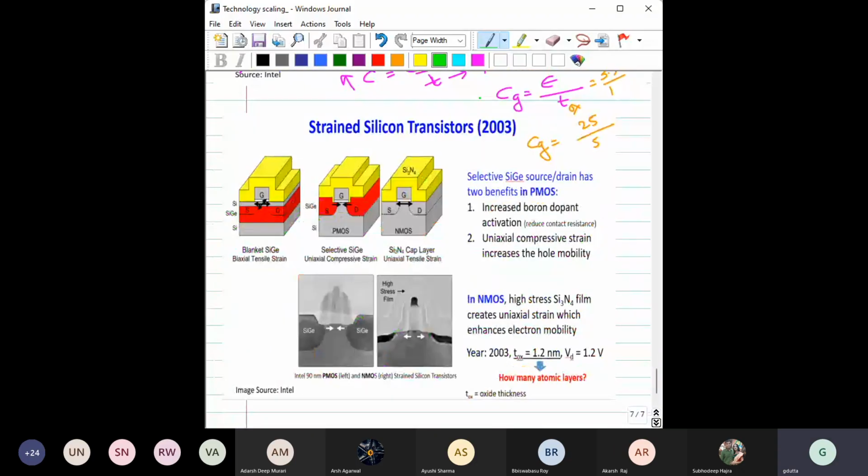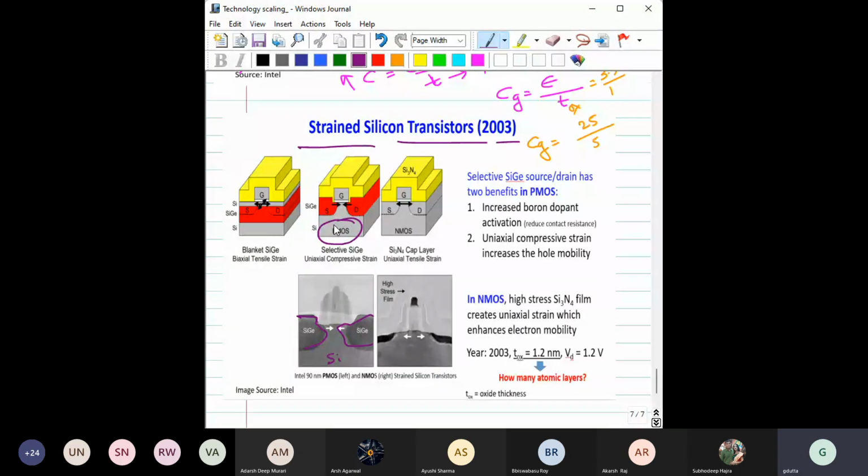Just one small thing here. See why silicon introduced in 2003 this technique, which is called the strain silicon technique. That is because when you introduce silicon germanium, because of the lattice mismatch between silicon and silicon germanium, it will create a stress and make the mobility of PMOS higher.